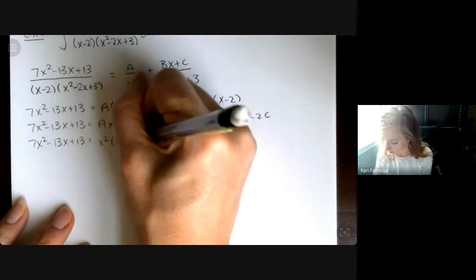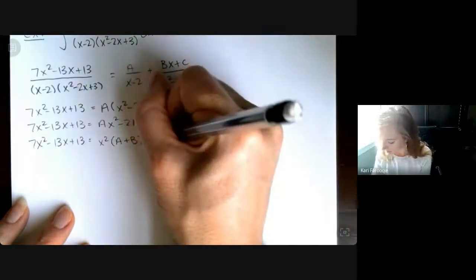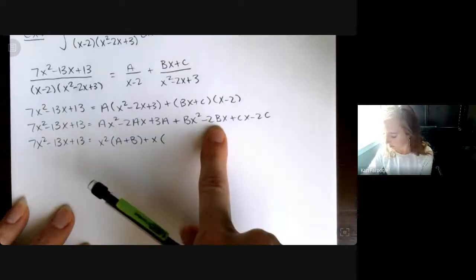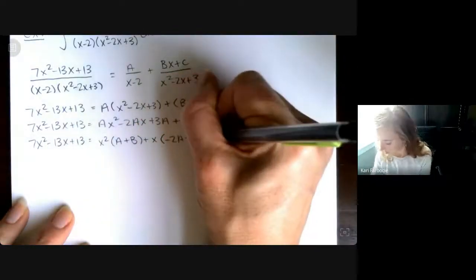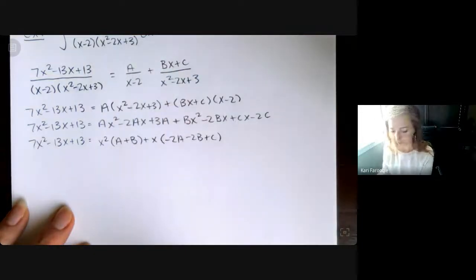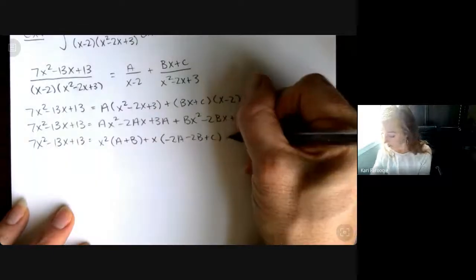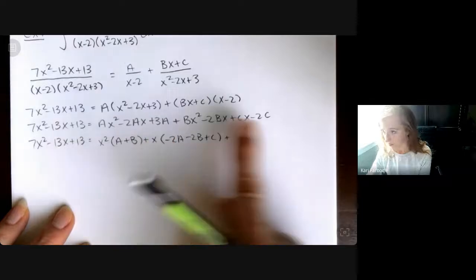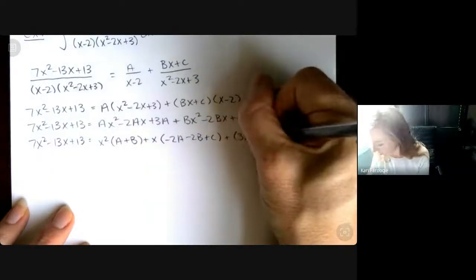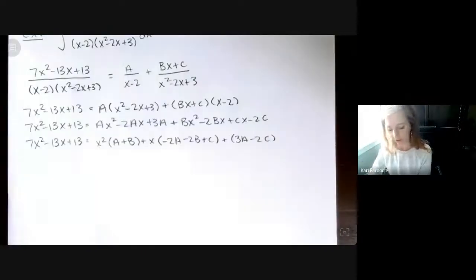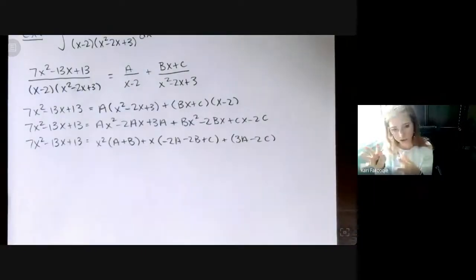So I have A plus B. Then I have for x's negative 2A minus 2B plus C. And then for my constants, I have a 3A that doesn't have an x on it, so it's a constant, and a minus 2C. And again, these don't have to have parentheses around them. I just kind of like to have everything grouped, so I tend to put parentheses around them regardless.